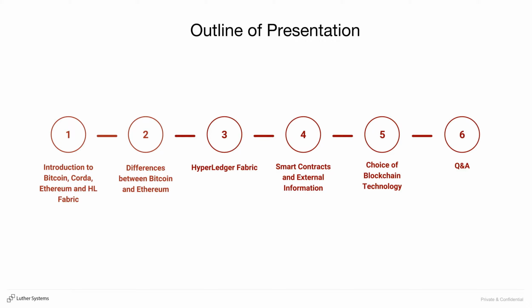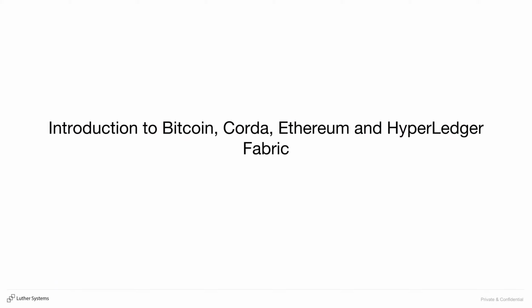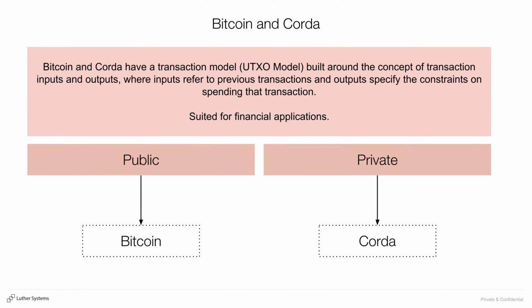And at a high level, Bitcoin and Corda, as we mentioned in the past, have a transaction model that's built around the concept of transaction inputs and outputs, where inputs refer to previous transactions, and outputs specify the constraints for subsequent transactions to spend that transaction.